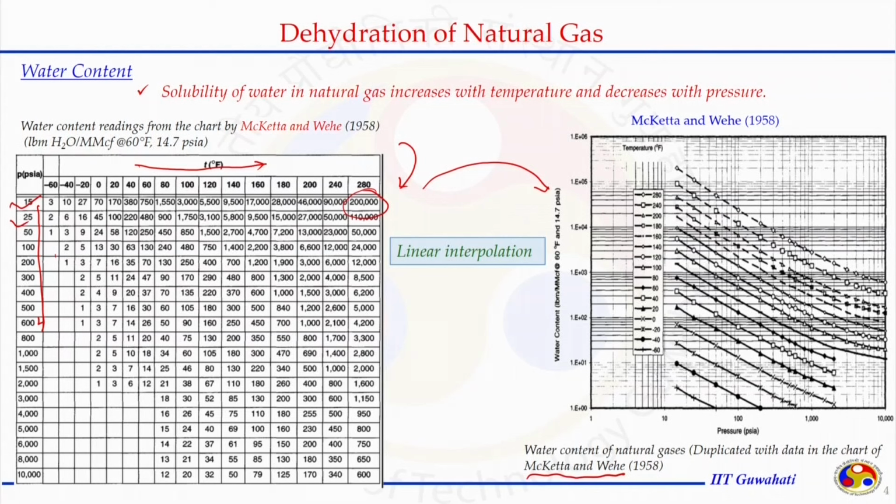In the graph also we can read it, which is a more convenient way to get the data at a particular pressure and temperature. Both for a single component as well as a mixture, meaning natural gas, the solubility of water in natural gas increases with increasing temperature and decreasing pressure.